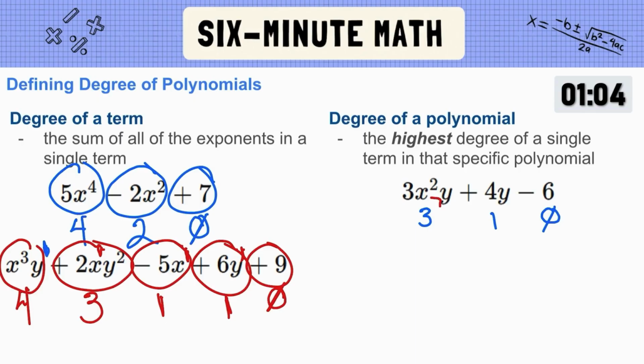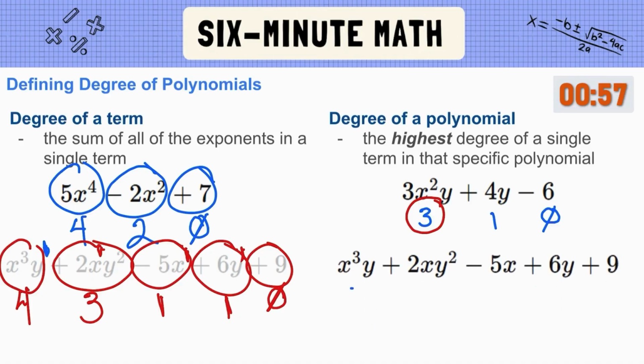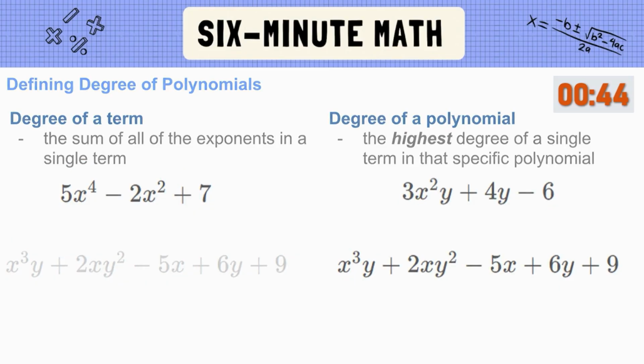Therefore, the degree of this polynomial is 3. If I take my example I used previously, I know my degrees are 4, 3, 1, 1, and 0. My highest degree is 4. Therefore, my degree of that polynomial would be 4.